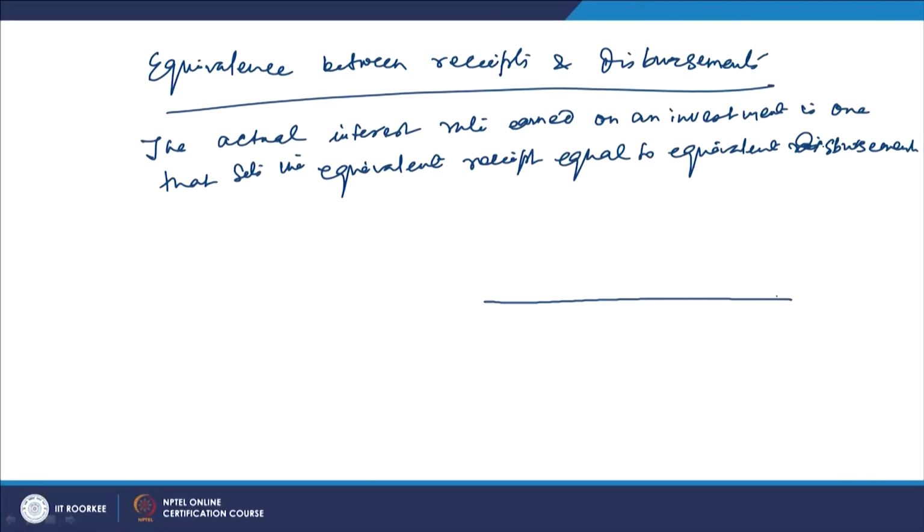For example, suppose you have a cash flow diagram which shows different disbursements and receipts. You have altogether 7 time periods. At some points of time you have receipts going on.